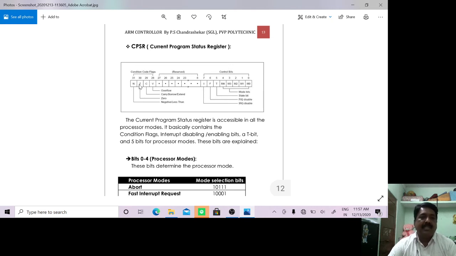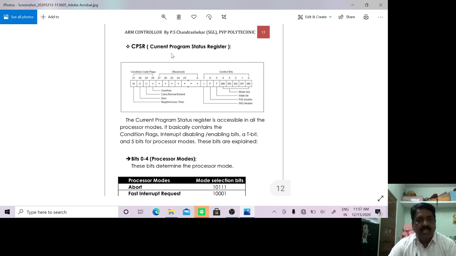If the two numbers happen to be equal, the outcome will be 0, which is represented by the setting of the zero bit. Like that, carry, borrow or extend flag bits are represented by the carry bit, and then the overflow flag bit. So overall there are 32 current program status register bits, whereas presently we have only 8 plus 4, 12 bits being used, and the remaining 20 bits are not used.